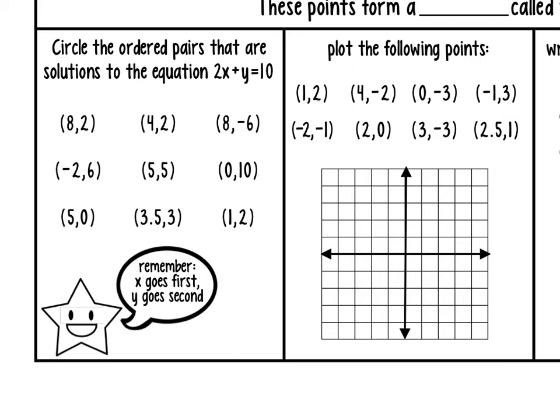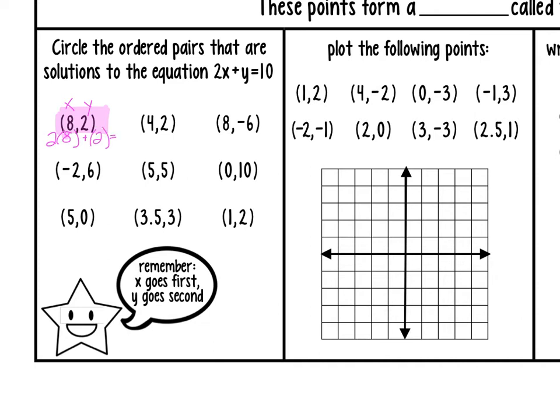So for example, if we are looking at this first one, we have the ordered pair 8, 2. Remember that the first number is your x, and the second number is your y. To see if this is true or not, you're going to plug this into our equation. So my equation is 2x plus y equals 10. Instead of that x, I'm going to substitute an 8, and instead of that y, I'm going to substitute a 2.